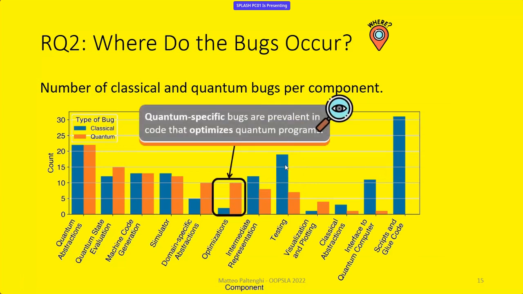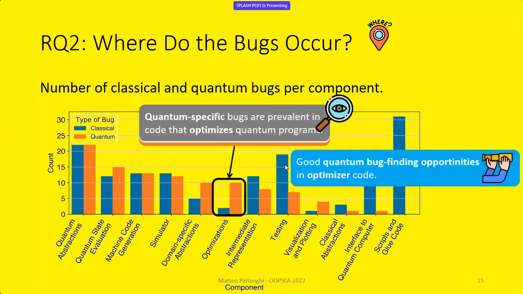And another observation on the same diagram, in the middle, you can see the optimization component that has a large majority of quantum-specific bugs, making it a good candidate if you want to look for quantum-specific bugs. This could be a good target for, for example, your bug-finding approach.